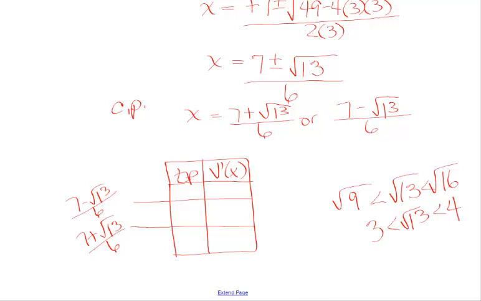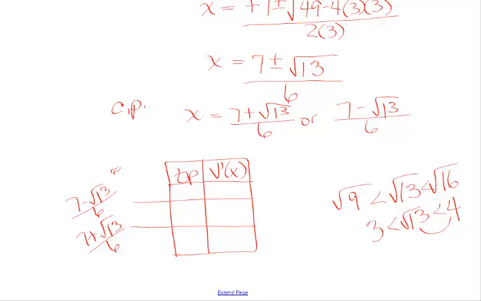So 7, we'll call it something, probably it's closer to that. So something a little bit smaller than 4, so 3-ish. So this is roughly 7 minus 4 is 3. 3 over 6 is 1/2.